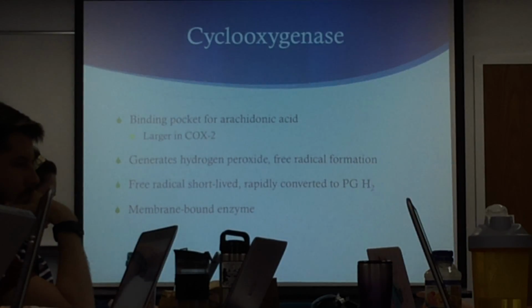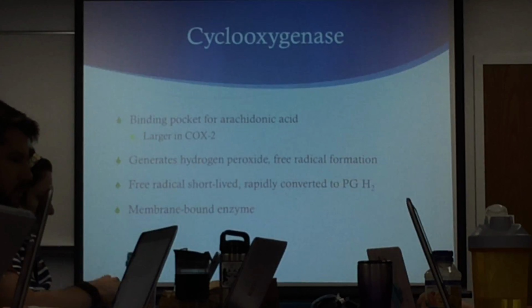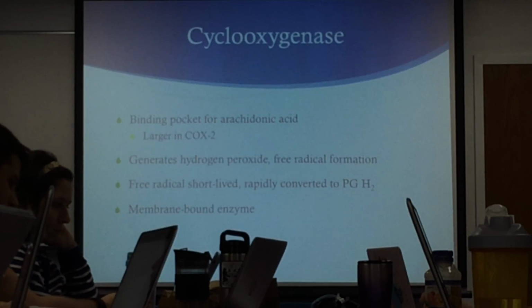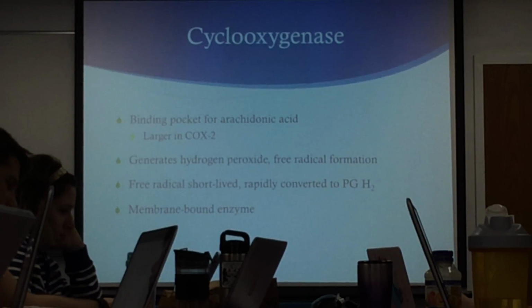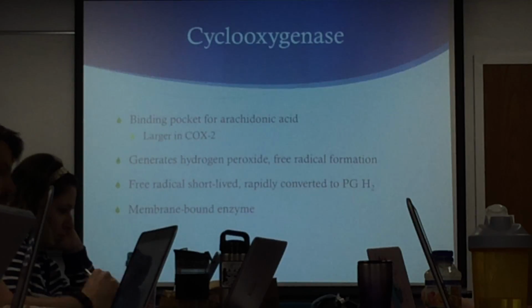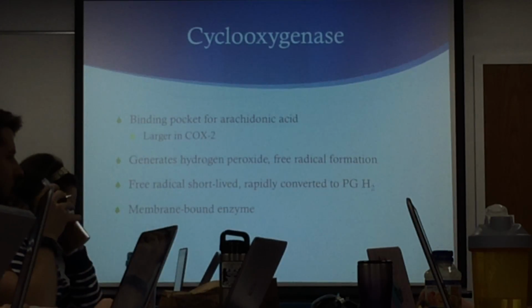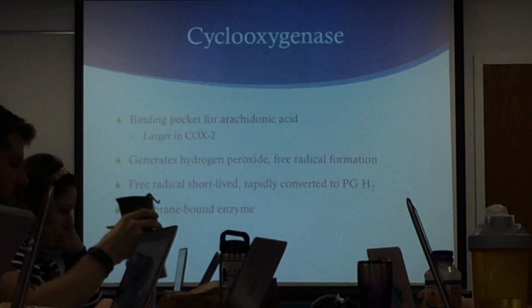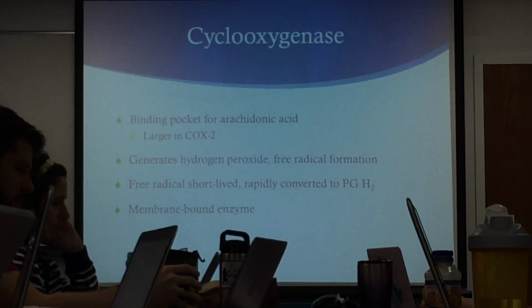So as I mentioned, there are two forms of cyclooxygenase. The binding pocket for arachidonic acid is larger in COX-2 relative to COX-1. And that's the mechanism that drug companies try to utilize to develop COX-2 selective inhibitors. In fact, they were able to do it. The important thing is that once it binds arachidonic acid, it has to generate hydrogen peroxide to generate the free radical.